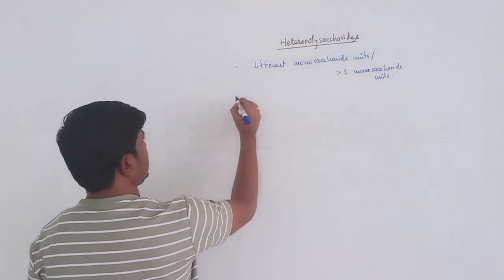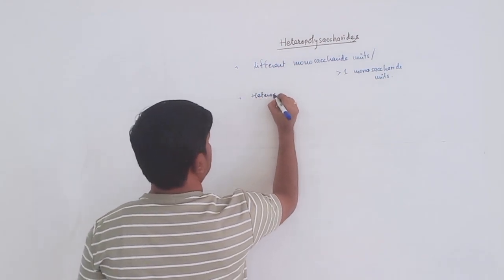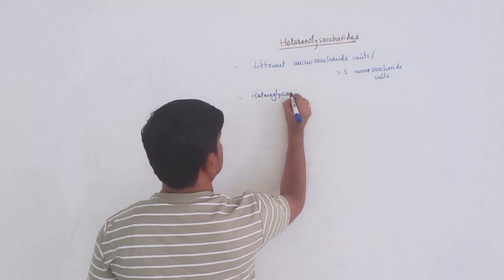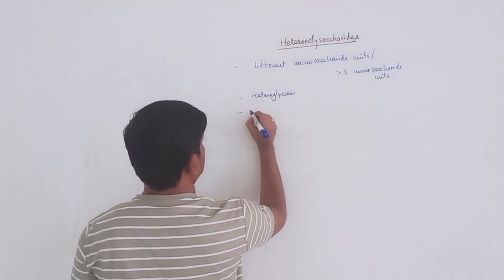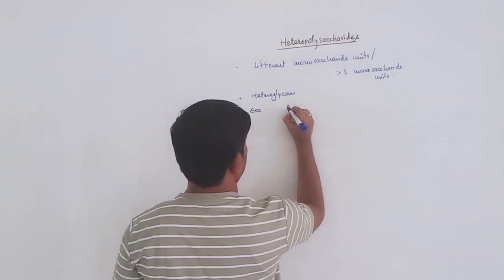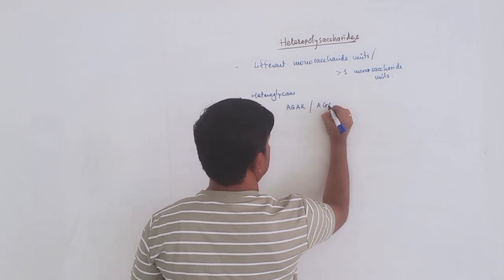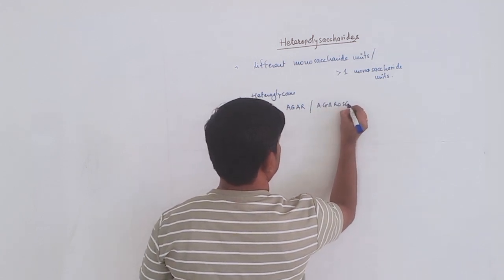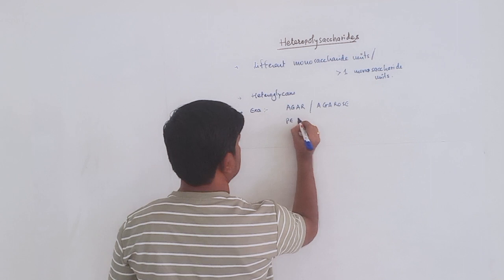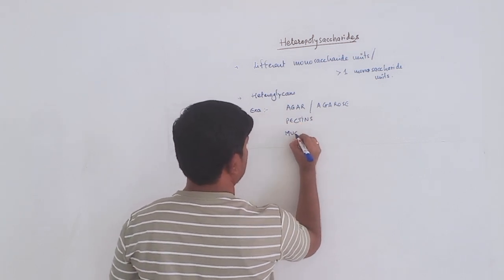These are also called heteroglycans. And the examples of heteropolysaccharides are agar or agarose, pectins, and mucopolysaccharides.